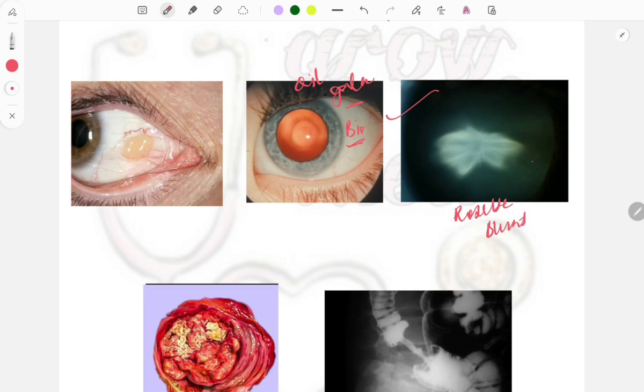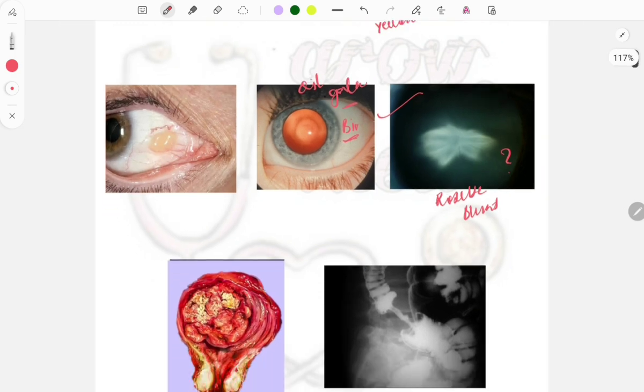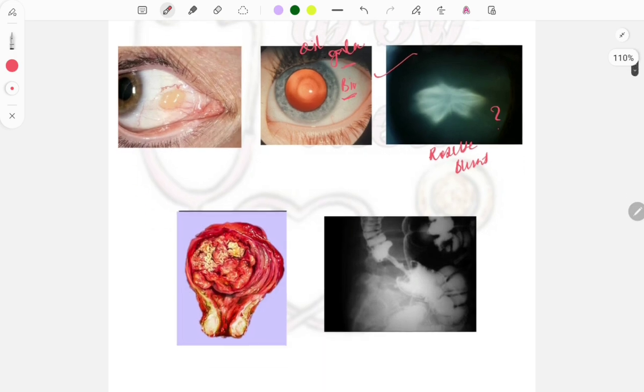They can give the image and ask what is the cause of this or which kind of cataract it is. Then this image is the pinguecula, a yellow brown fatty kind of tissue accumulated in the sclera of the eye. So this is all about the images from ophthalmology.